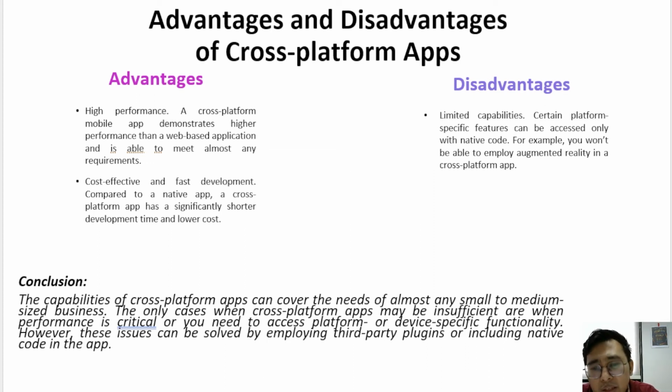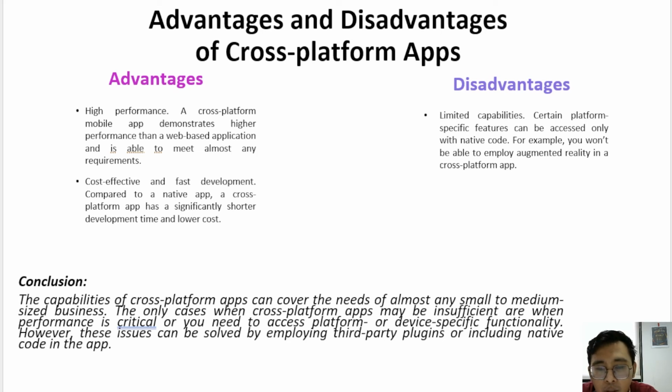The disadvantage is that it is quite limited in capabilities, because certain platform-specific features can only be accessed with native code. For example, you won't be able to employ augmented reality in a cross-platform app, because even though it is available, the complexity and the process isn't exactly the same.